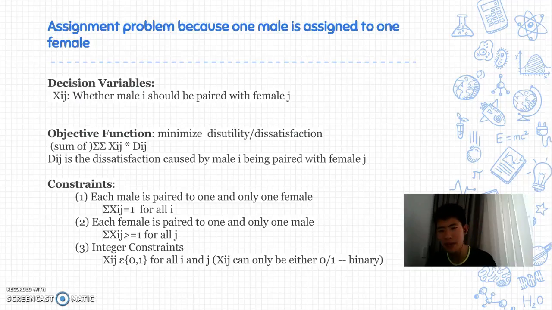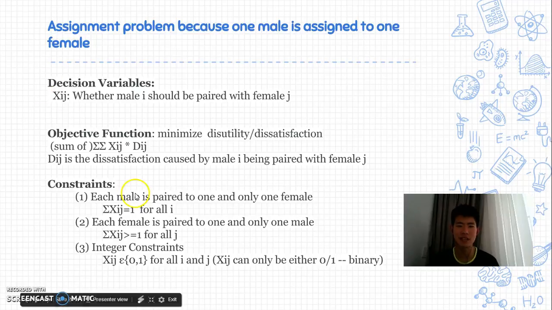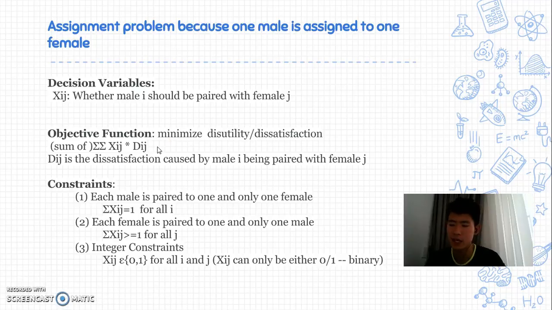Is male i paired with female j or not? So it's only 1 or 0. 1 means it's true, they are a pair. For example, x for Donald Duck and Daisy is 1, which means Donald Duck and Daisy are a pair. If there's a pair, then there's a possible disutility coming up, so you need to multiply it by the disutility. This is what it means. It will be very clear once we get to the solution.